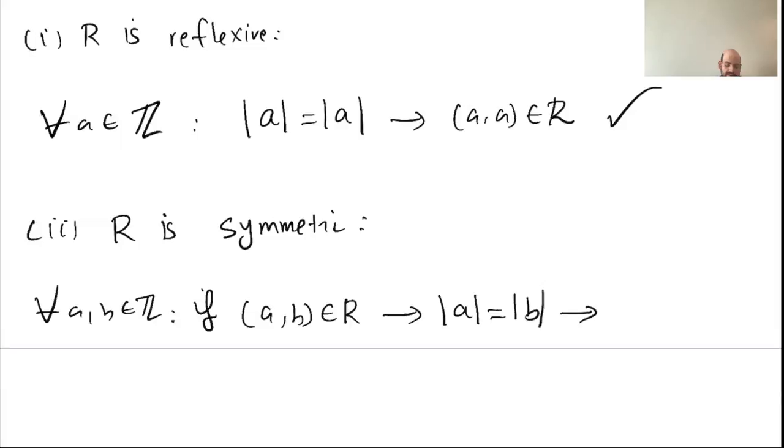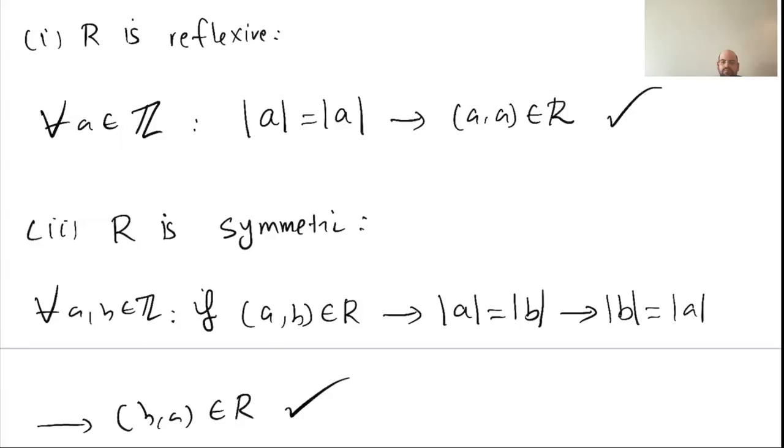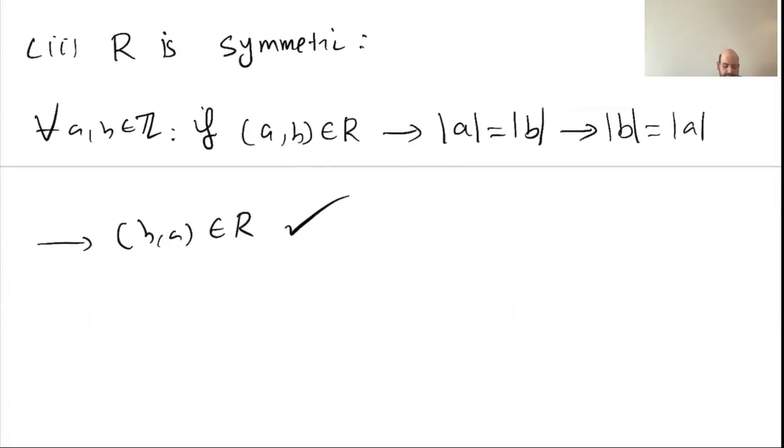Well, this obviously implies that |b| equals |a|, and then that means (b, a) is in R. Symmetric means if (a, b) is in R, then (b, a) must be in R. So (a, b) in R means |a| equals |b|, but that itself means |b| equals |a|. Therefore, (b, a) is in R.